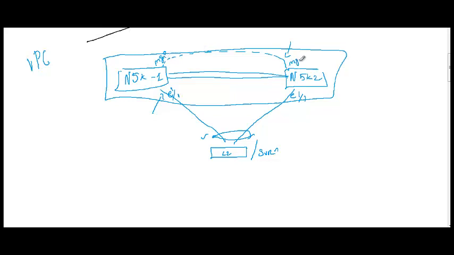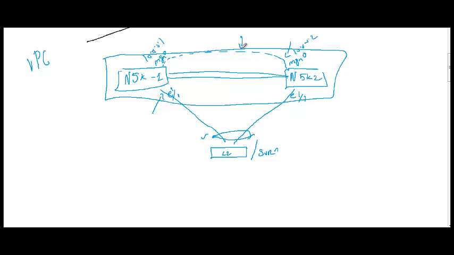or we can also use some logical interface like SVI, switch virtual interface, with an IP address. Now let's say I got IP address 10.0.0.1 here on this management interface, here 10.0.0.2.